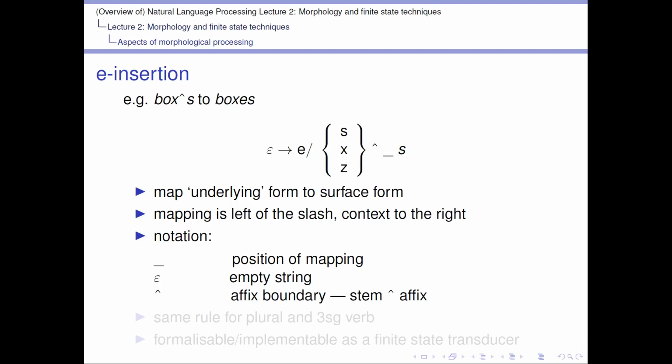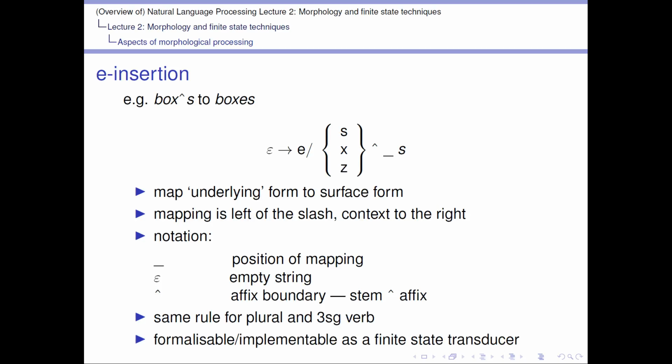Now, as I said, this is the same for plurals and verbs, but this is an interesting thing. We can implement this as a finite state transducer. Anybody who did last year's course will remember that when we had a production rule altering in the context of some information, that was actually a context-sensitive grammar, right?